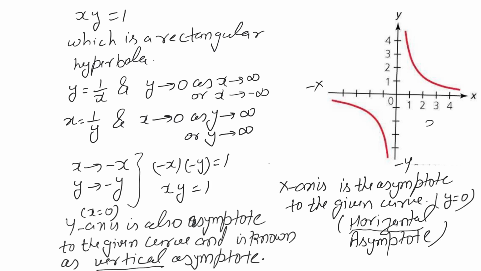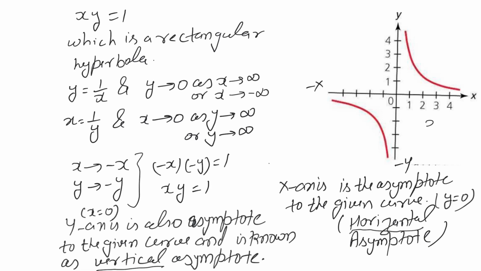An asymptote is a line that will touch the curve only at infinity. In this case the curve will touch the y-axis only at infinity, and the x-axis only at infinity.